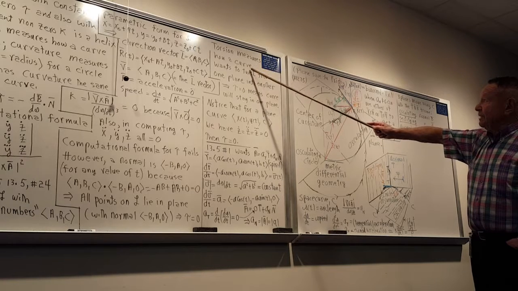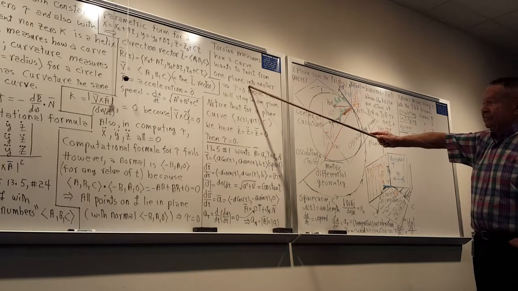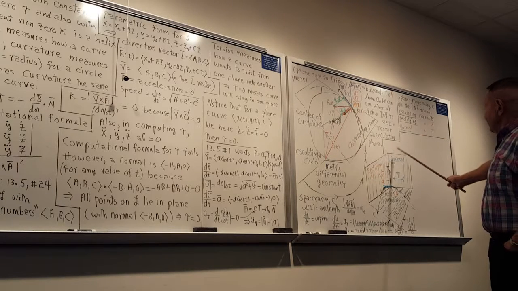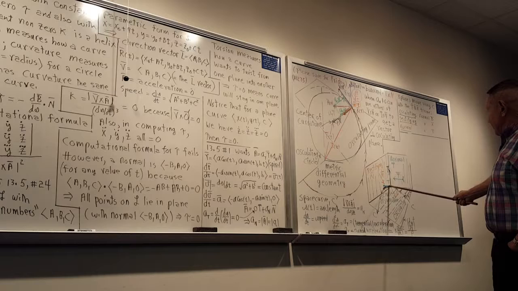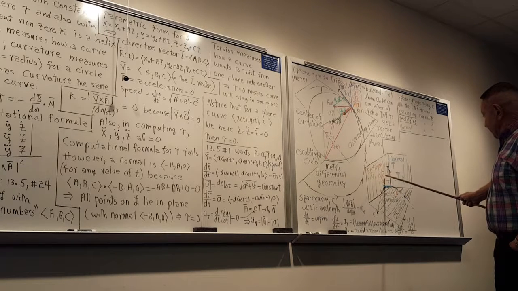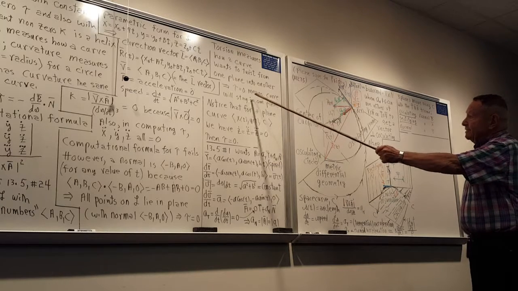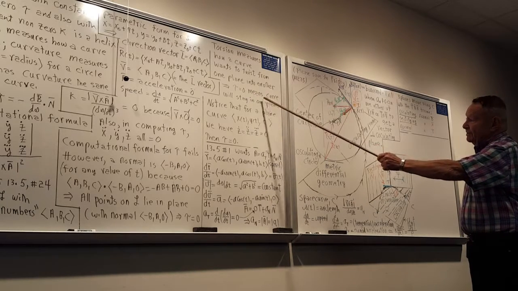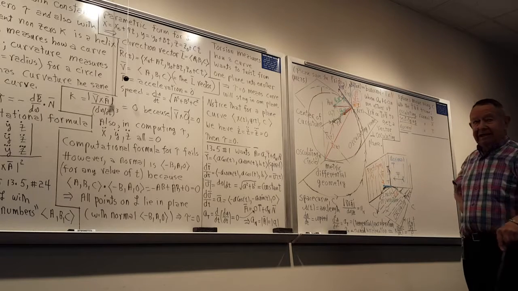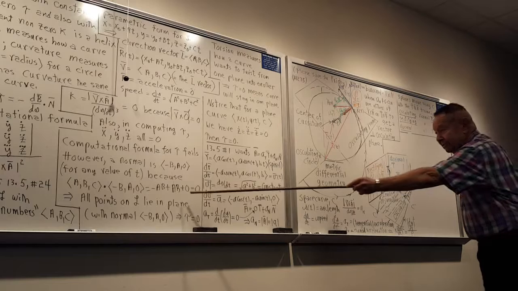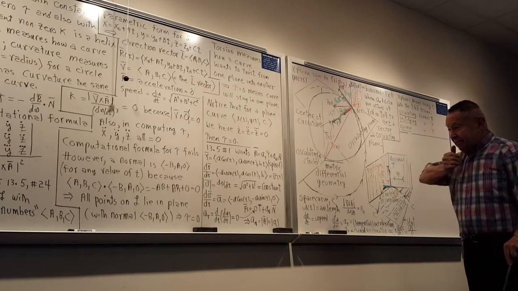So torsion measures how a curve wants to twist from one plane to another, thinking of looking at my points on the curve, and there's the three planes associated with each point. So tau equals 0 means the curve will stay in one plane, which is what we're saying this does.